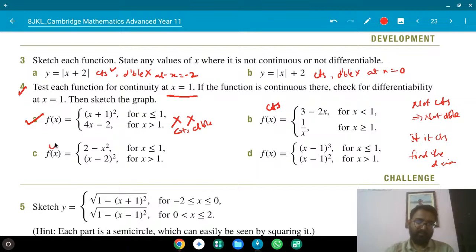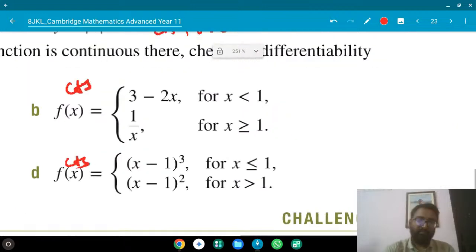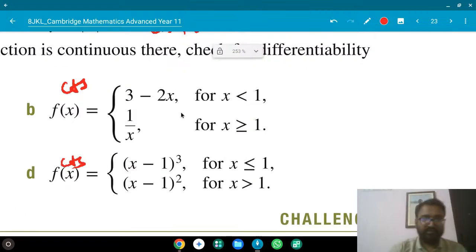About this, is it continuous? Continuous. Now, if it is not continuous, we can say it is not differentiable. If it is continuous, then we have to think a little more carefully. So here, find out the derivative. What is the derivative? f dash x equals.